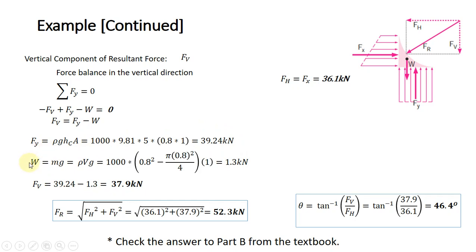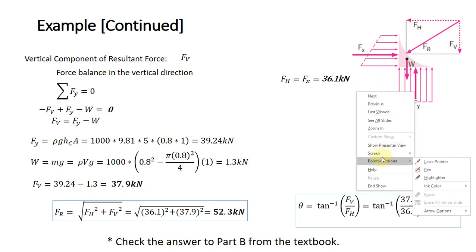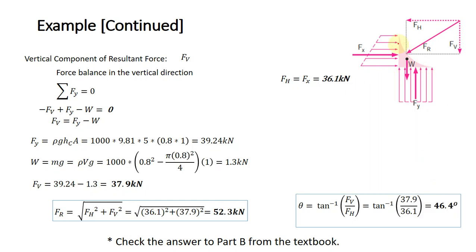And as for the weight, it is mass times gravitational acceleration, and the mass is density times the volume. So we have density, and the volume of this water column, water volume, is that if you take this, for example, let me try to sketch here. Let's take this part.